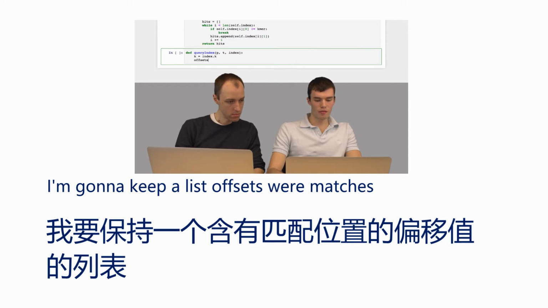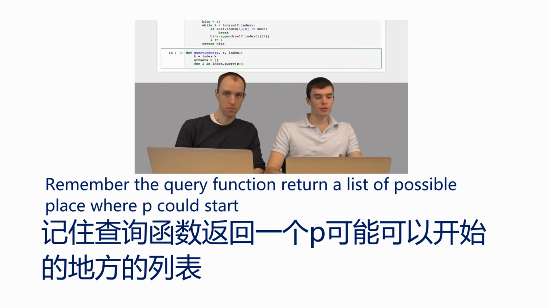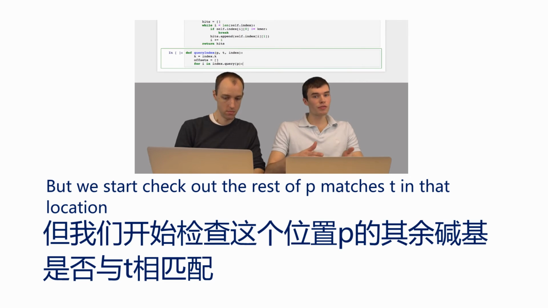I'm going to keep a list of offsets where it matches. I'm going to say for i in index.query P. Remember, the query function returns a list of possible places where P could start. It returns a list where the first K bases of P match the first K bases of T. But we still have to check that the rest of P matches T in that location.